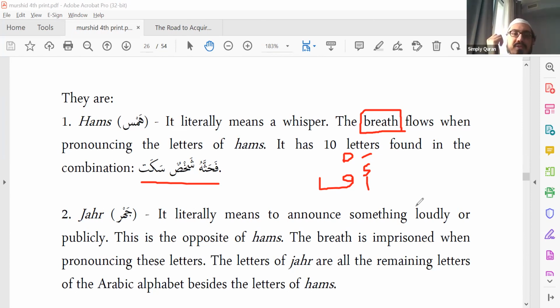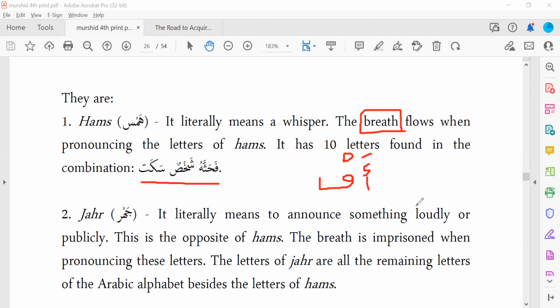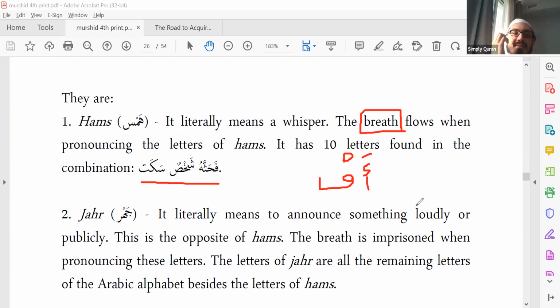Akh. Sa. As. Seen. As. Kaf. Ak. And ta. At. Now, the kaf and ta are a little bit different, and we'll understand why. But all of these letters, the breath is flowing when you're reciting them, when you're pronouncing them.